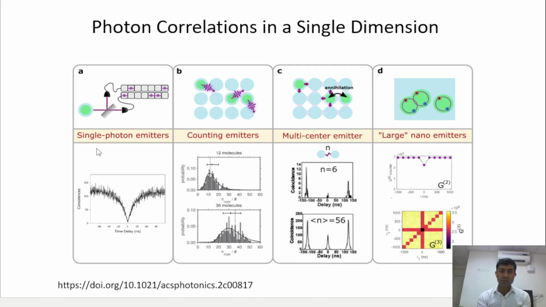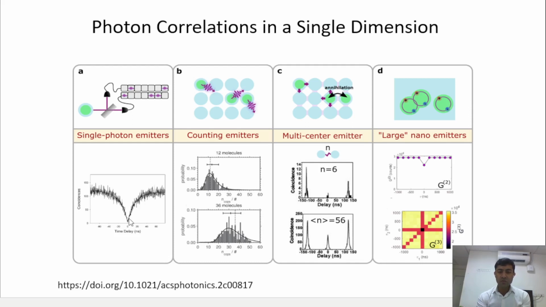And figure A shows here the basic HBT setup to measure autocorrelations at the single photon level. So here the beam splitter evenly distributes the light emerging from a single photon emitter between two low noise single photon detectors, these two, and the purpose is to measure the light's second order correlation function g2(t).